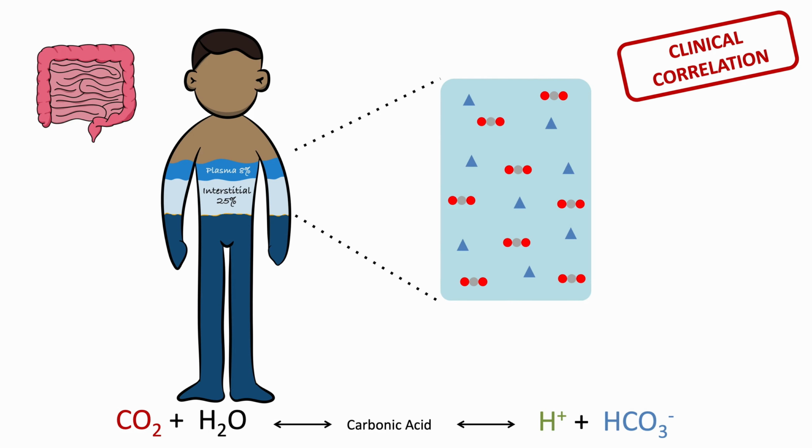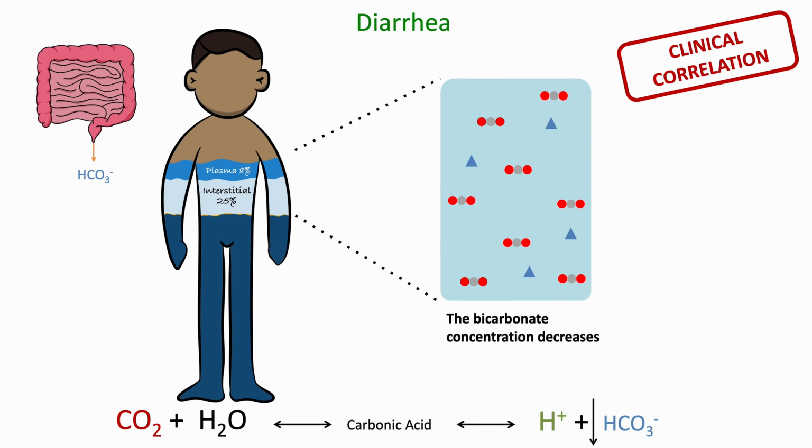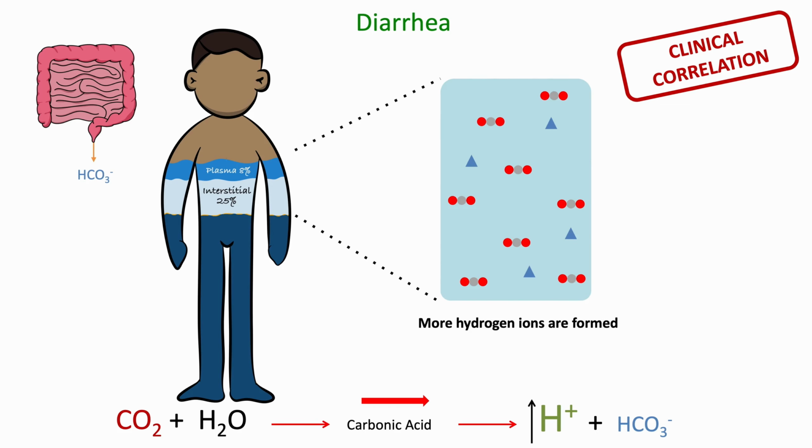Next, let's consider changes in bicarbonate. In diarrhea, bicarbonate is lost from the plasma via the gastrointestinal tract. As bicarbonate is lost, the buffering equation is shifted to the right, and hydrogen ions are formed, and subsequently the pH will decrease.